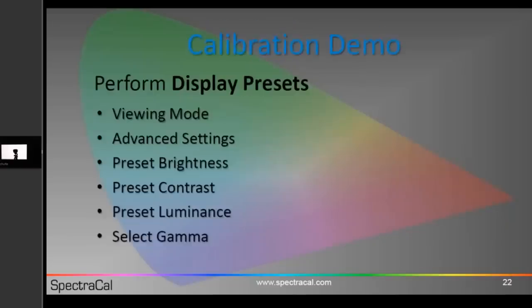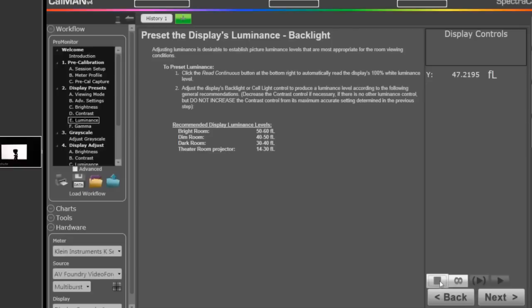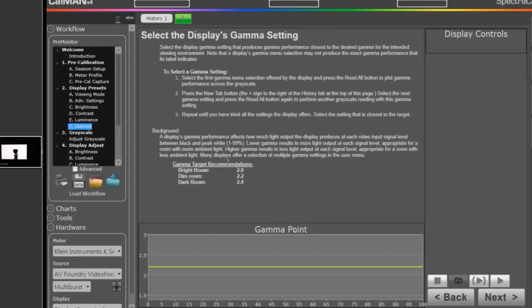So let's take a look in our software again at that gamma selection step. And what we're offered here is a measurement graph that allows us to plot the performance of the display with respect to gamma.